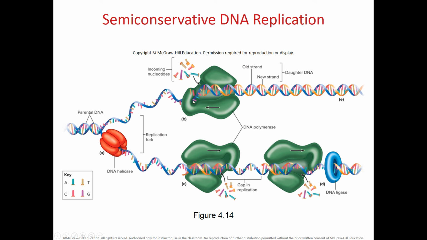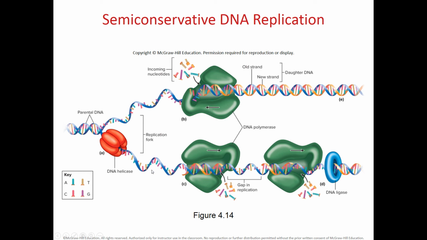And one of the polymerases, the one that goes towards the replication fork, will form this long, linear, continuous new strand attaching to the old strand. So the one in blue is the old strand, the one in orange is the new strand. And where does the polymerase make this new strand of DNA? Well, using incoming nucleotides. These are the monomers that make this polymer.